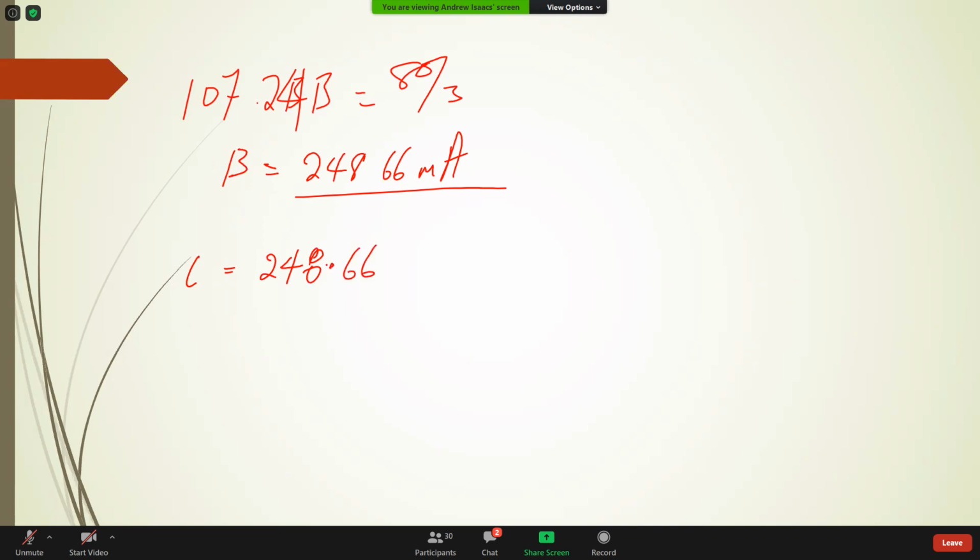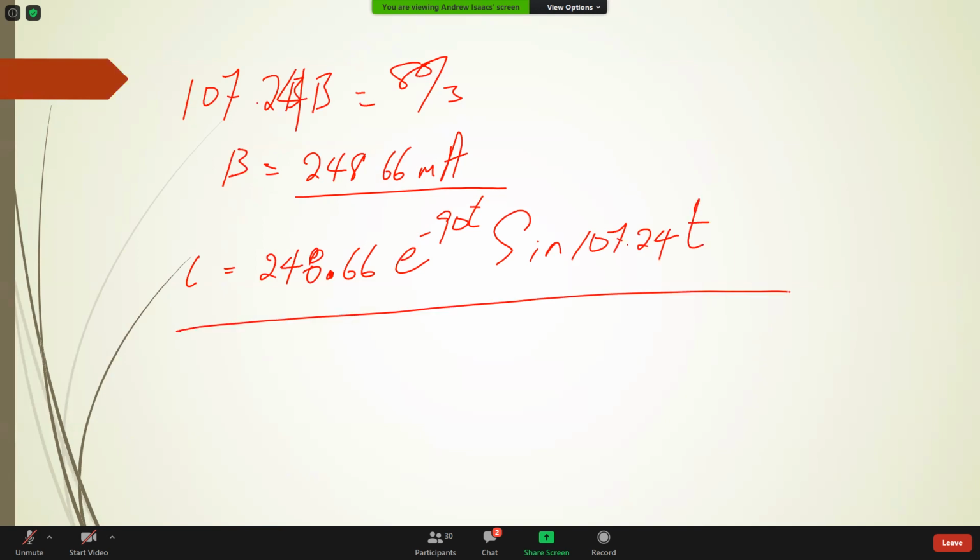So it's 248.66 milliamps. So it means that I is equal to 248.66 e to the minus 90t sine 107.24t. So this is your current expression.